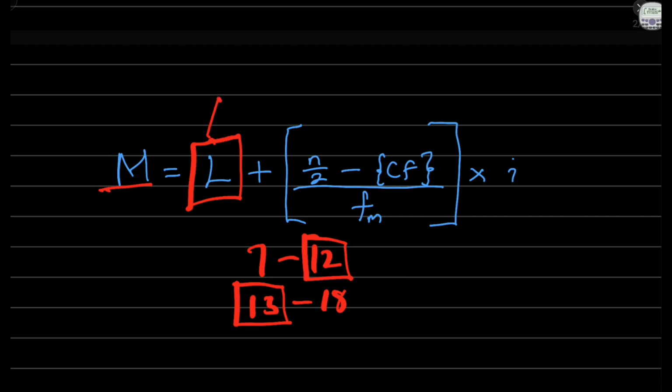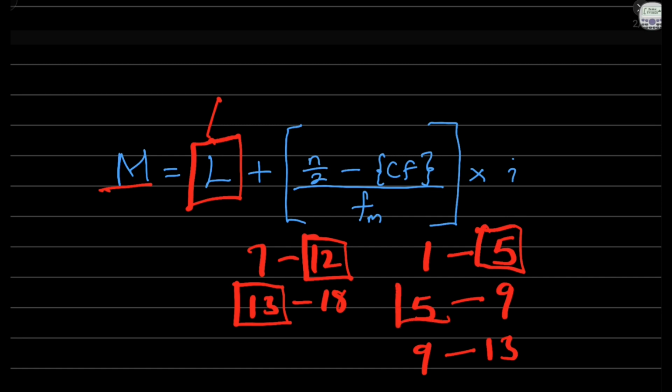But if your frequency distribution is not of the inclusive type but rather of the exclusive type, this is what we mean by the exclusive type. Let's say we have 1 to 5, and then the next class is still starting from 5 to 9. Then the next class again starting from 9 to 13. You can see that there are no gaps between the classes.